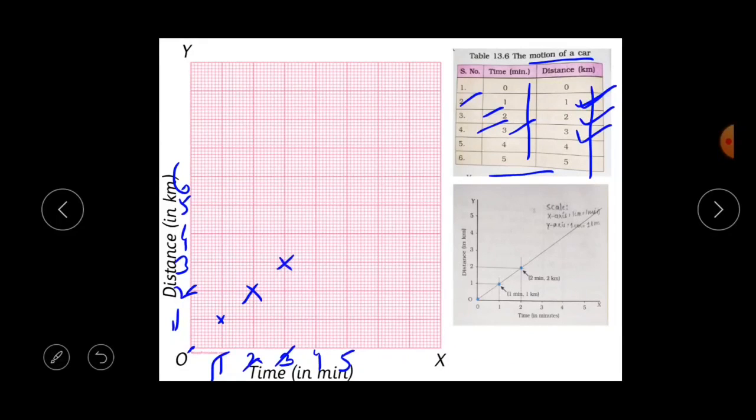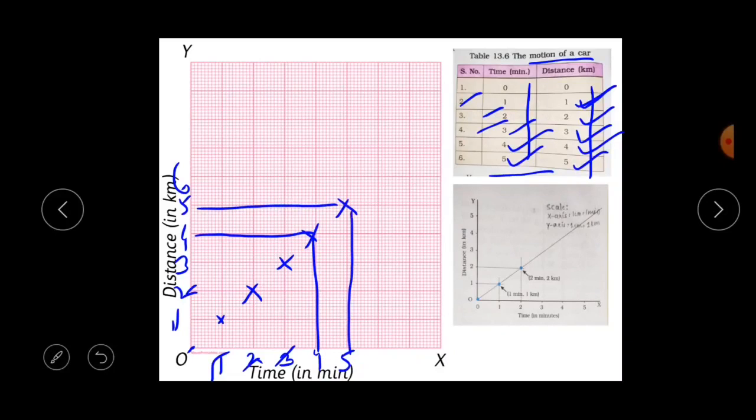Next, in 4 minutes it has traveled a distance of 4 kilometers. So where is 4? Here it is 4, and here is 4. Next, in the same way, in 5 minutes it has traveled a distance of 5 kilometers. So 5 minutes, 5 from here.